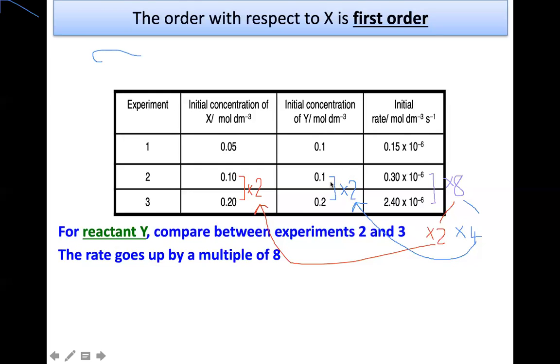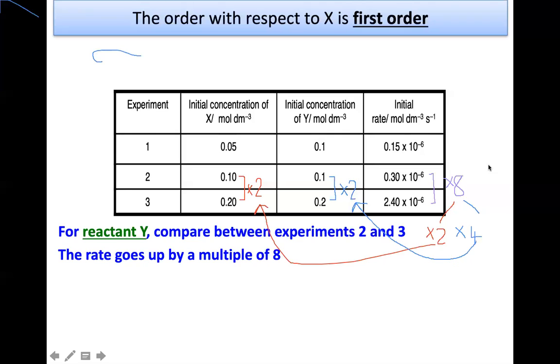As you increase the concentration of Y by a factor of 2, the rate increases by a factor of 4. So what does that tell you? Zero, first or second? Anyone would like to try? Second order. Second order, that's right. Okay, so Y is second order.